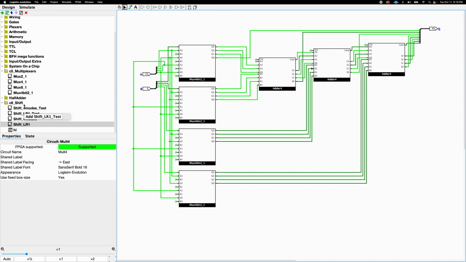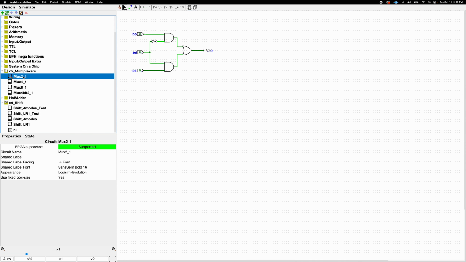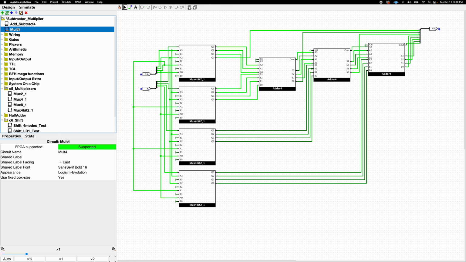And just looking at one of these mux 2 to 1s, we would have to do that 4 times with an AND gate, 2 AND gates, a NOT gate, an XOR gate. It just gets so complicated and will become so big, and it'll be very difficult to do. So I'm very happy to build this whole entire circuit using just Logisim. So anyways, I believe that is all, and thank you for watching.